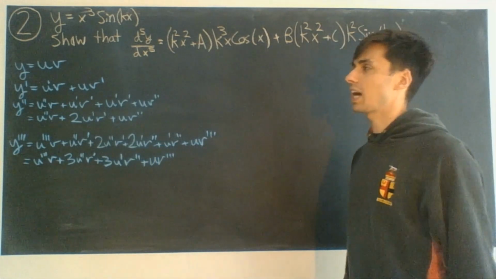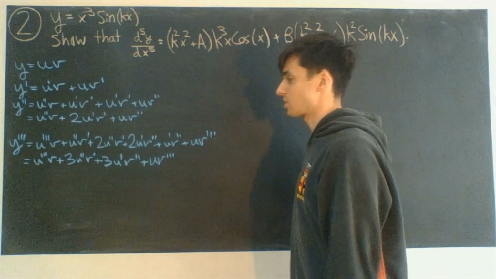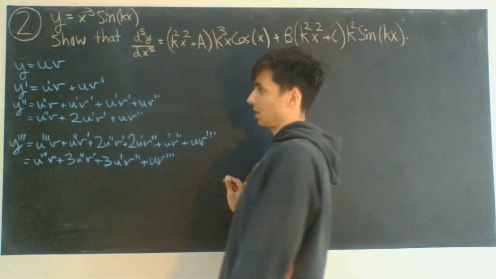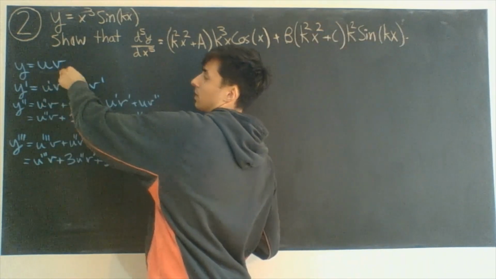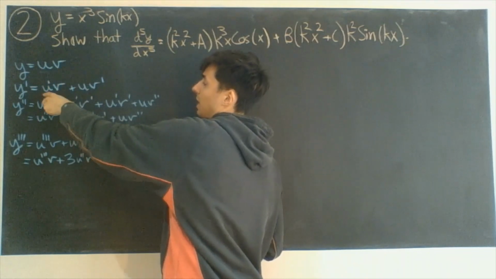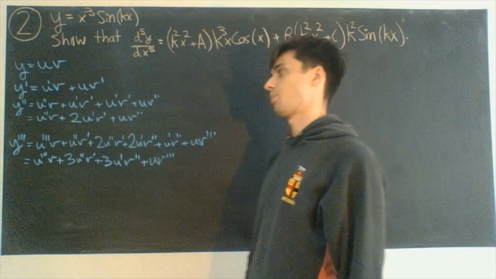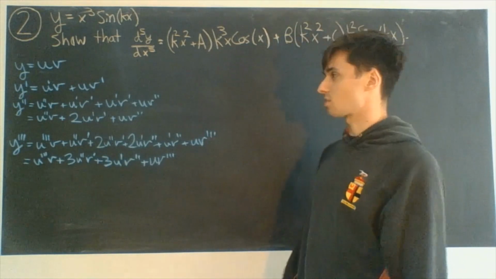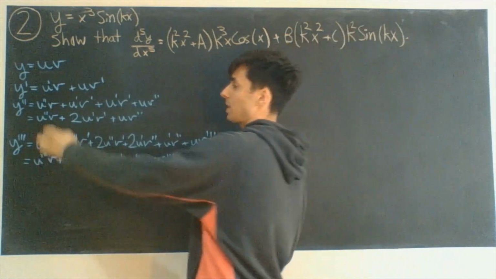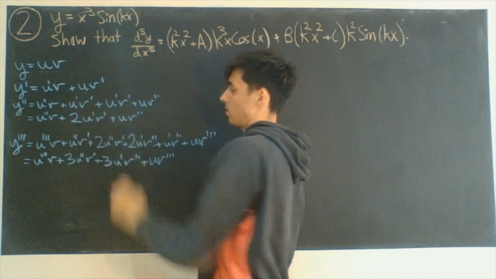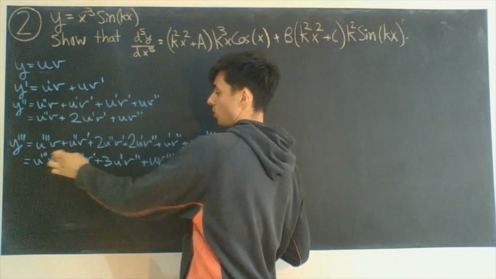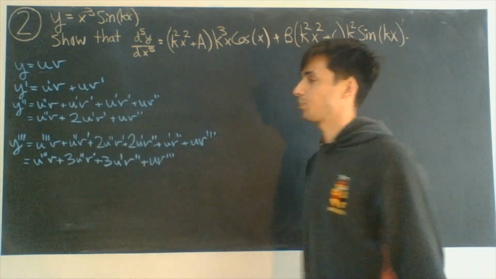Okay, once again we've got this nice symmetrical pattern, and let's take a step back here and just think what we've got. We had uv, then we had one u dash v and one uv dash. We're looking at the coefficients in front of these numbers. Then we had 1, 2, 1. Now we've got 1, 3, 3, 1.